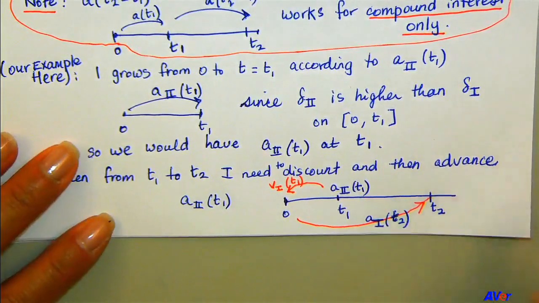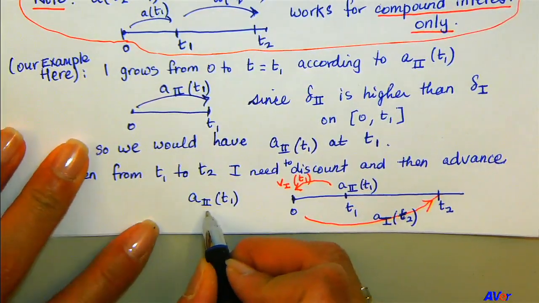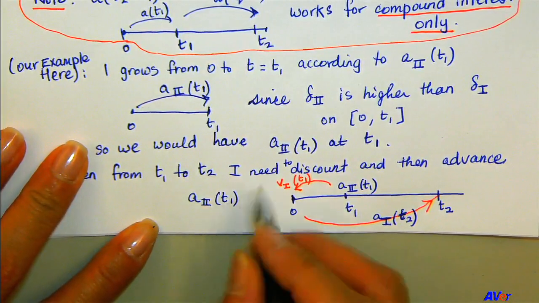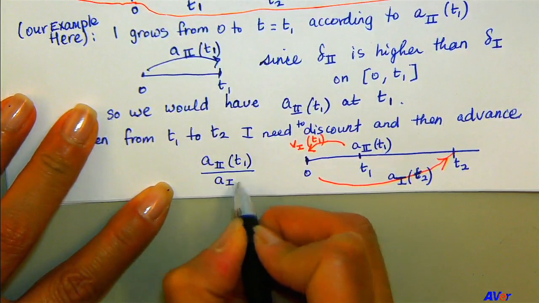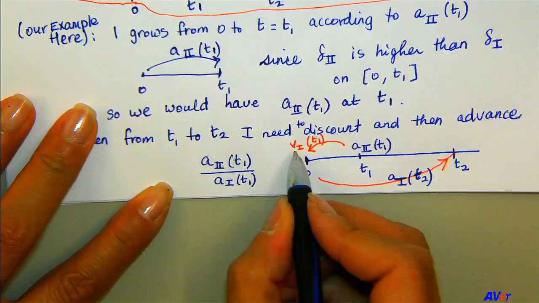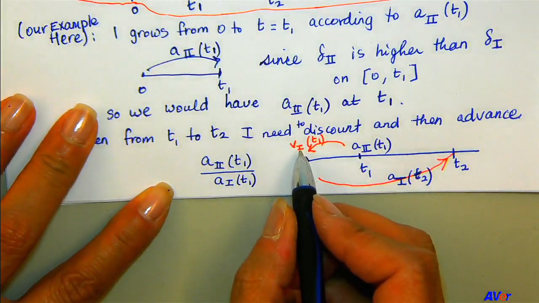So I would have A2 of t1 divided by A1 of t1, because remember V of t is 1 over A of t.